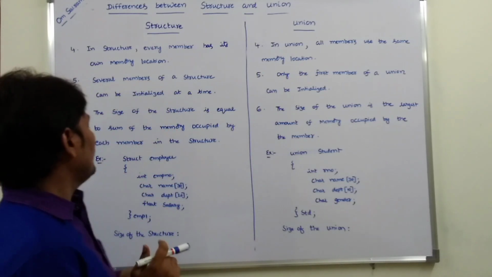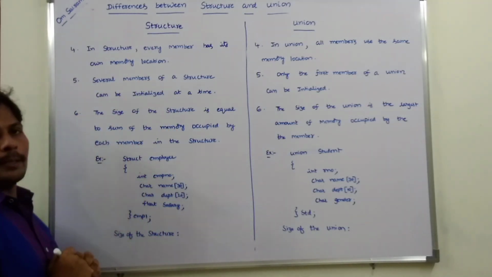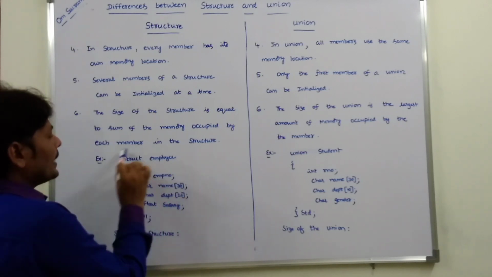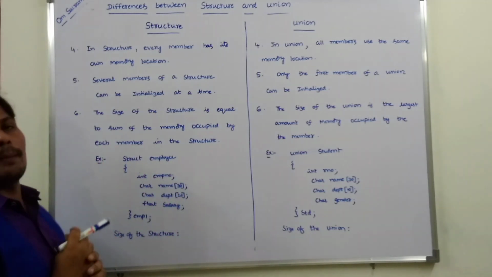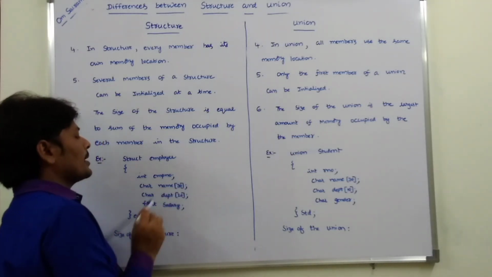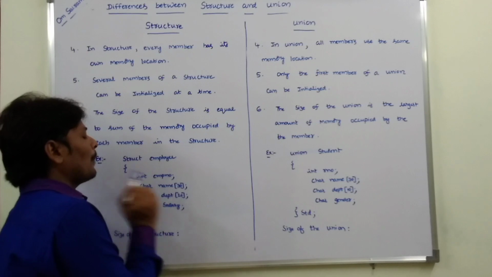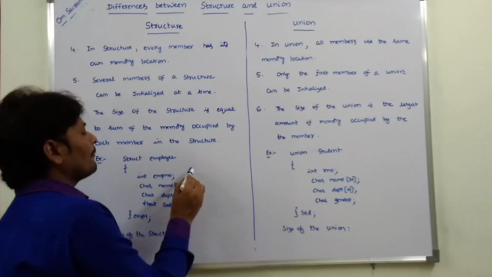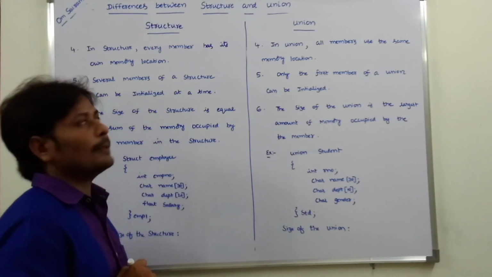For example, we can take this structure, whose name is employee. What are the members of the structure? Employee number, employee name, employee department, employee salary. These are the 4 members of the structure.